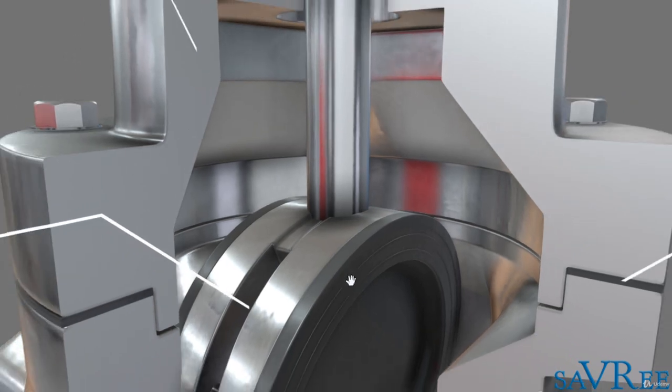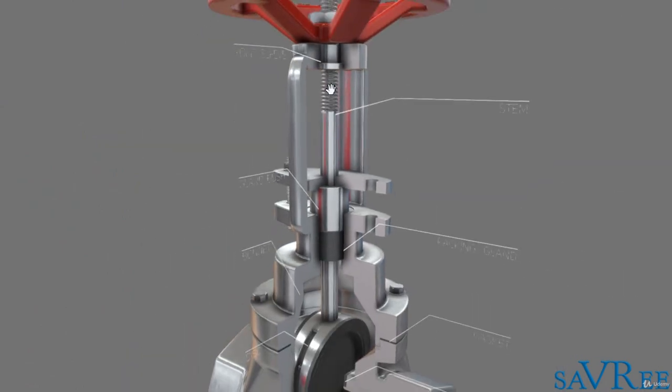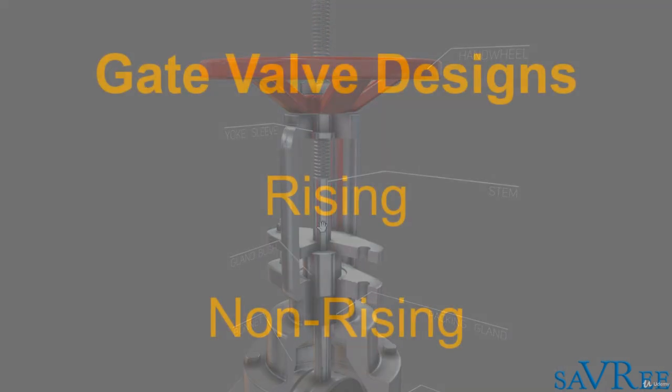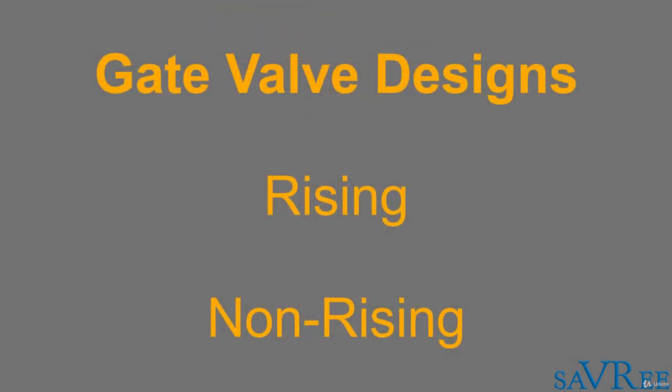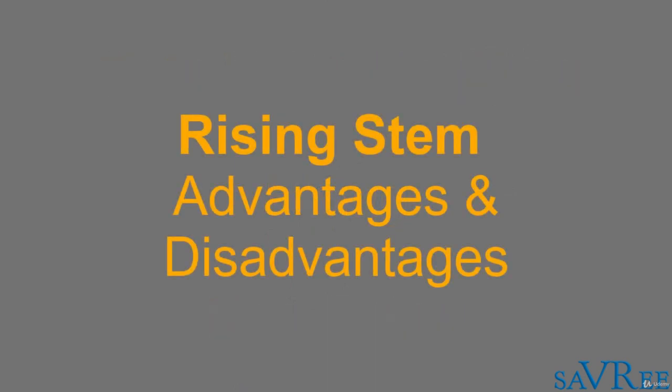This is a slightly different design to what they call a non-rising stem gate valve. There are two main designs, rising stem and non-rising stem. As I said earlier, it's easy to see if the valve is open or closed.